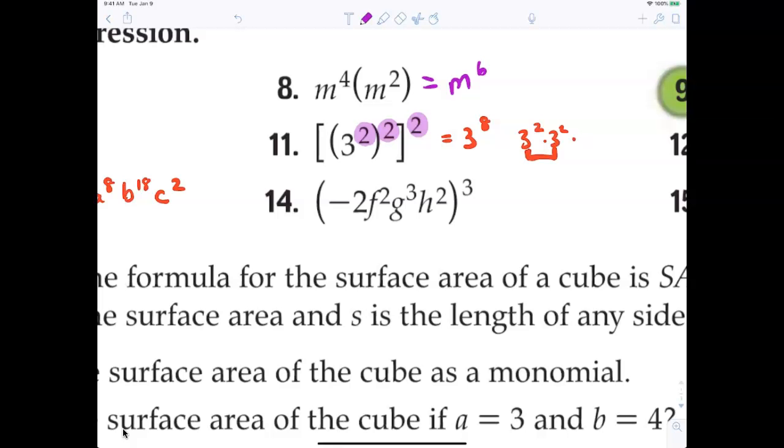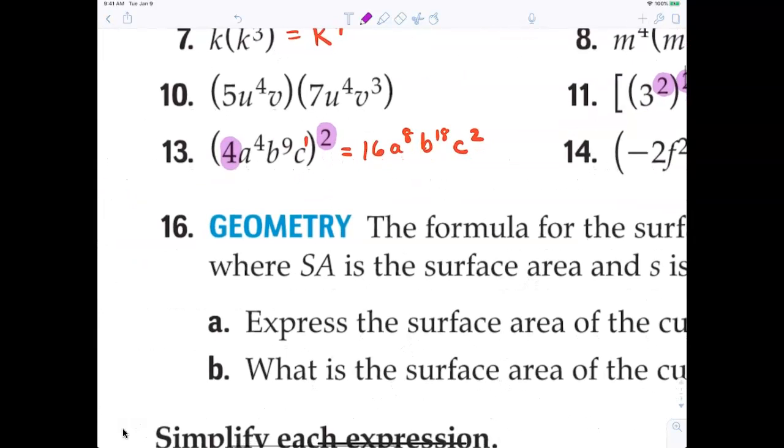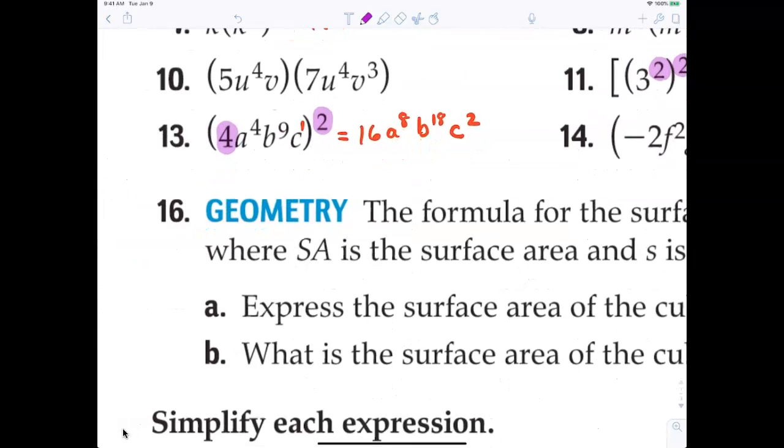So now, I'm up front. Number 10. Tell me what you're thinking. Five times 7. 30 to the 8. Hold on a second. 35, right?